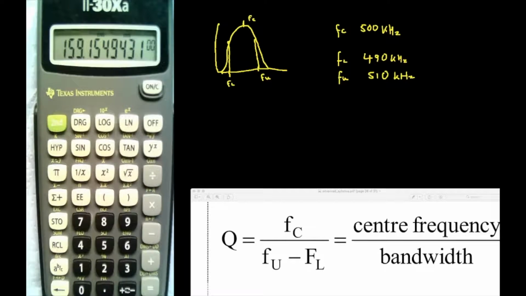What does Q turn out to be? You can see why the upper frequency minus the lower frequency is the bandwidth, because it's that gap there, isn't it?